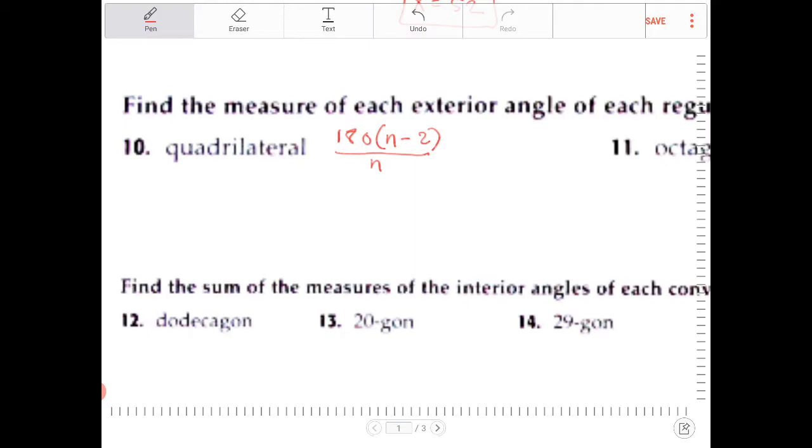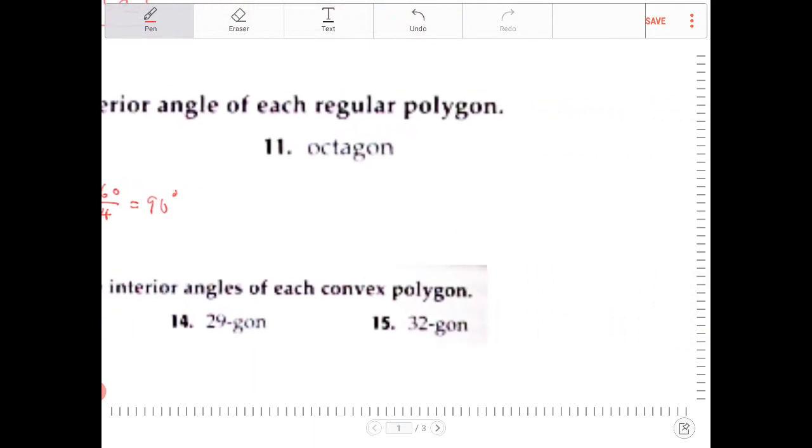Since I'm dealing with a quadrilateral, which has 4 sides, I'm doing 180 times 4 minus 2 divided by 4. So that's 360 divided by 4, which is equal to 90. And that makes sense because a regular quadrilateral is a regular 4-sided shape, which is just a square, which means all the angles are going to be 90 degrees apiece.